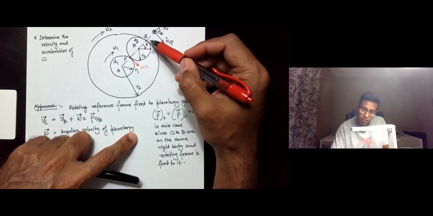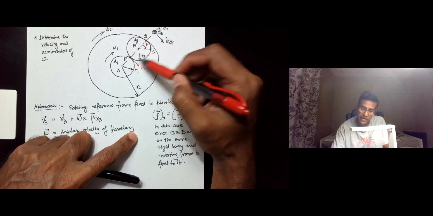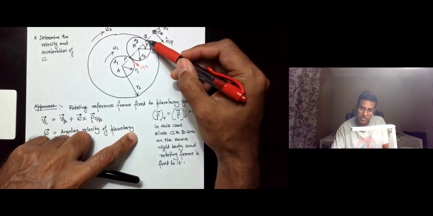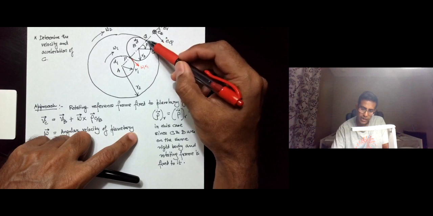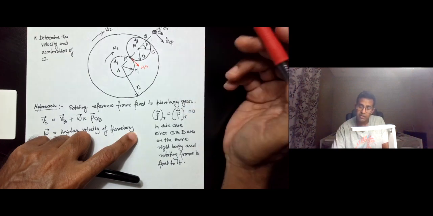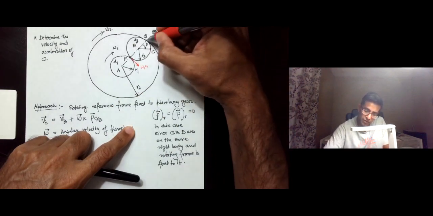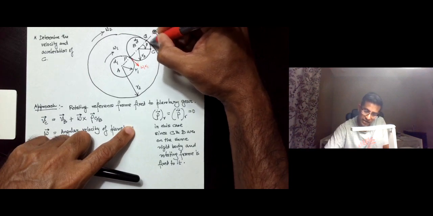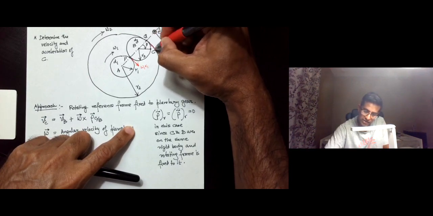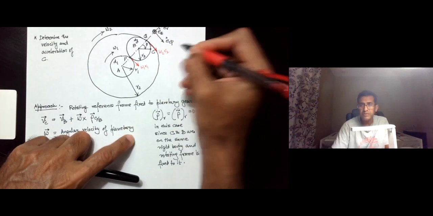Now note that the same observation can also be made for the point Q. The point Q is the point where the planet and the ring gear are meshed and they are rolling without slipping. So at this point, both the planet as well as the ring gear will have the same common velocity. And that velocity, as you can see from the geometry, we don't need to do any calculation, is going to be given by omega 2 r2.